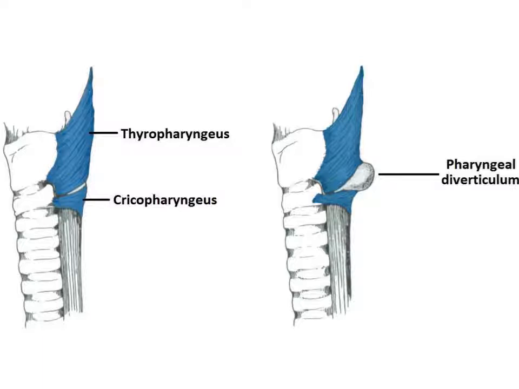If somehow both of them constrict, the food just escapes through the weakest portion between the thyropharyngeal and cricopharyngeal areas, the area which we call Killian's dehiscence, and it forms a diverticulum which is called pharyngeal diverticulum. So this is another problem in clinical medicine.